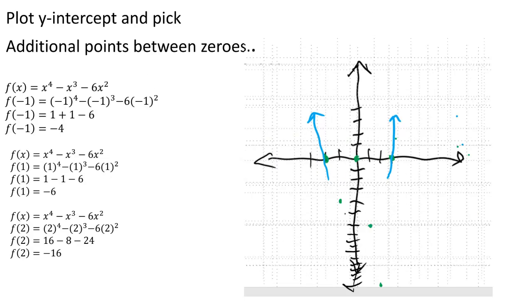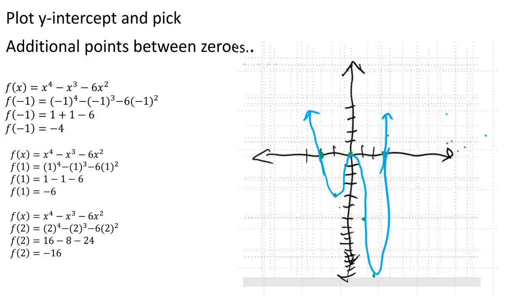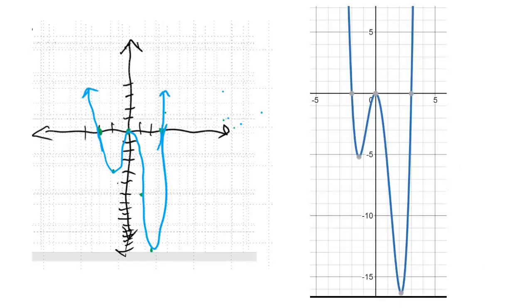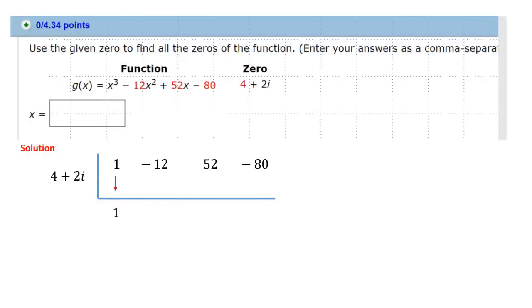To make sure how the graph really is going to look, we pick some additional points to get a better idea of our graph. Again, we try to draw a smooth line, and we have this W-looking graph. If we do that nicely on the computer, we get this, and it would be easy to match with our multiple choice on our graph, right?